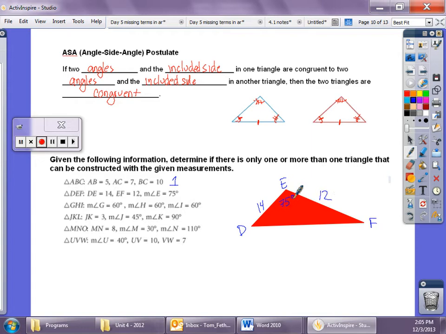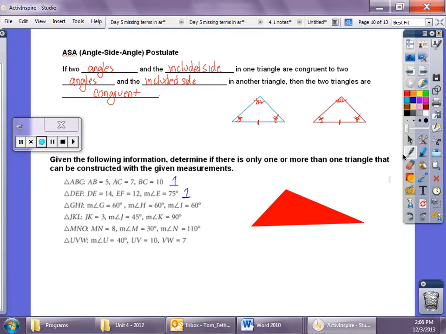What do we think? This forms one triangle. Alright, we have two sides and that included angle. Since we have that included angle, it makes the two sides be 75 degrees apart, and we know that this has to stop here, and this one has to stop here.